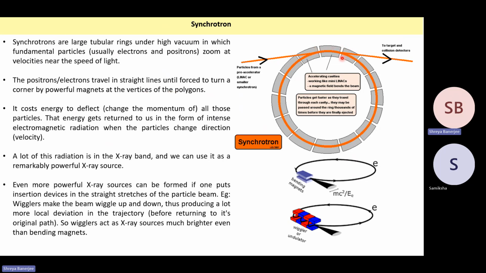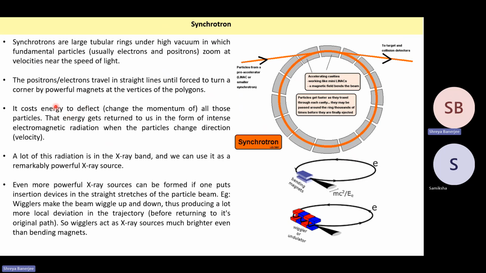Each of these gray units are different parts of this synchrotron. So when the particle is entering, it is traveling straight, but at the edges of these gray units, there are powerful magnets that cause the particle to turn. So instead of moving in a straight line, it is moving in a circular motion.